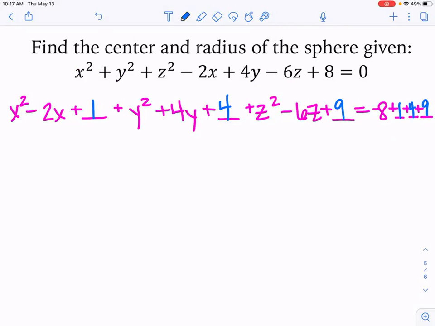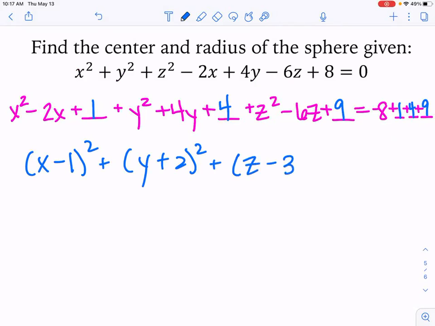Okay. So we have x minus 1, the quantity squared, plus y plus 2, the quantity squared, plus z minus 3, the quantity squared, equals 6.